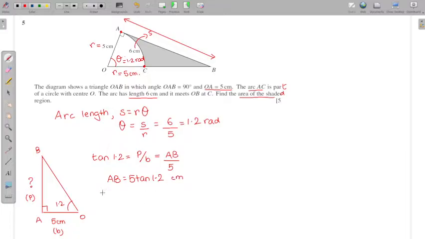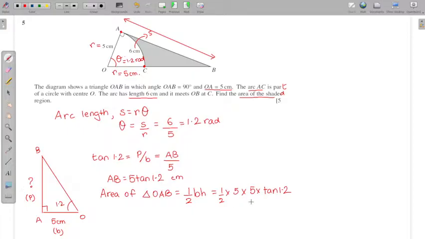So area of a right angle triangle, so area of triangle OAB will be equal to half into base into height. So half into base is 5. So 5 into AB, which is the height, is 5 into tan of 1.2 radians.